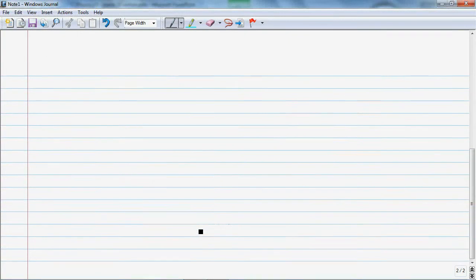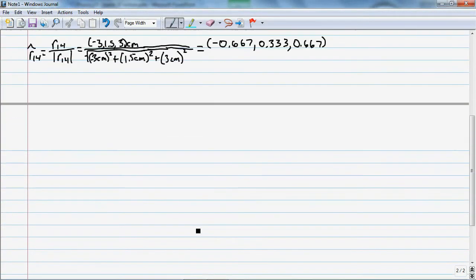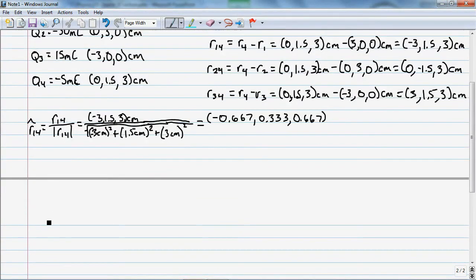Okay, so now we have R24, and we're going to have R24 divided by the distance.